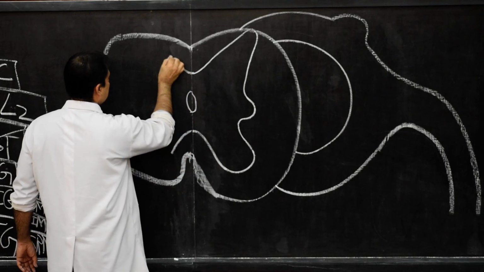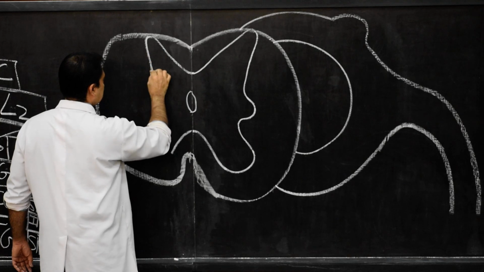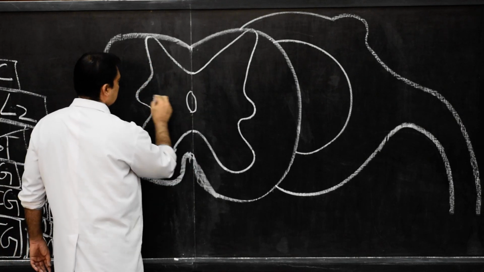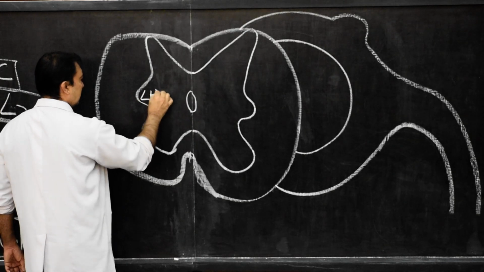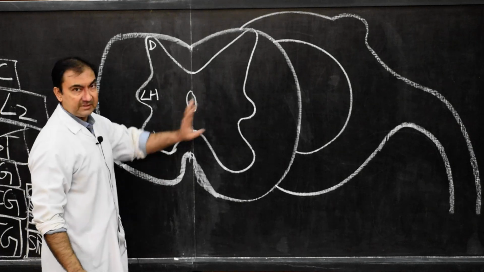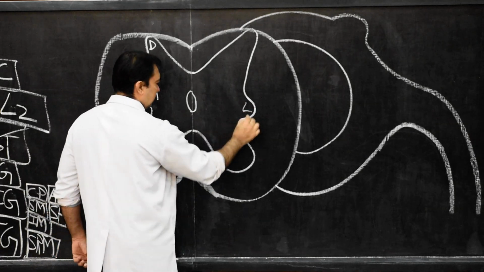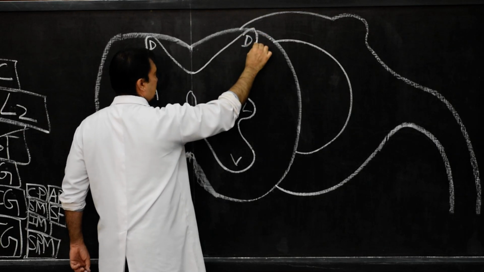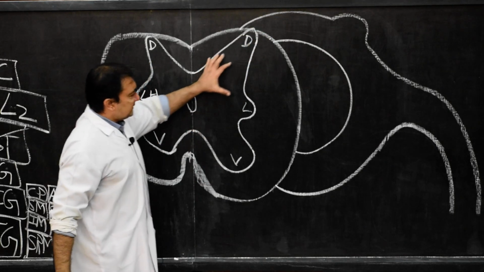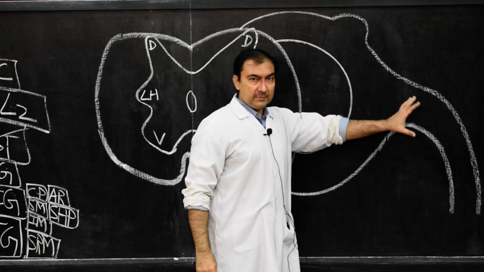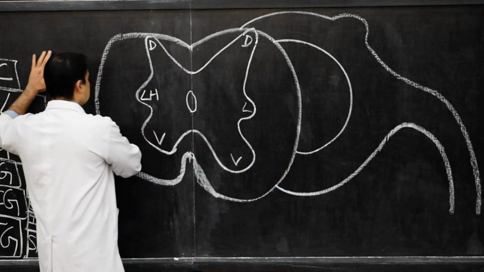So this is the lateral horn, this is the dorsal horn, and this is the ventral horn. Same on this side: the lateral horn, ventral horn, dorsal horn, gray horn. Now, this structure which we have drawn, I hope this is visible. So this structure will be the same on this side also.